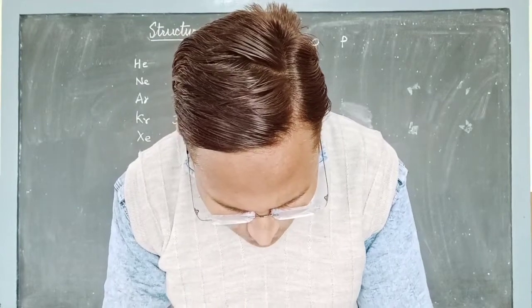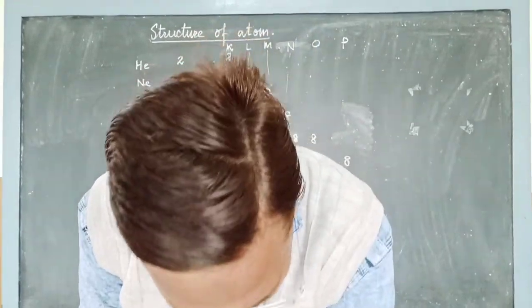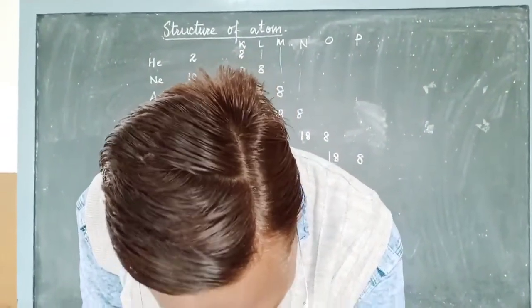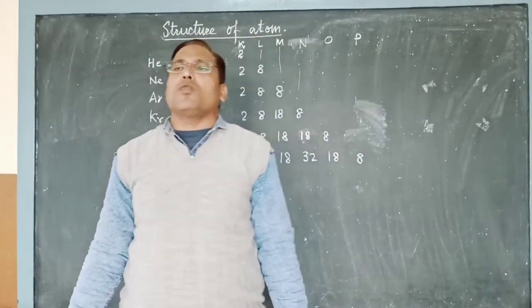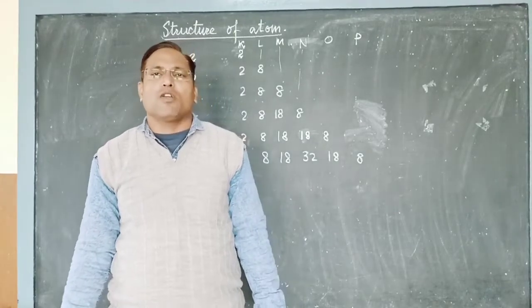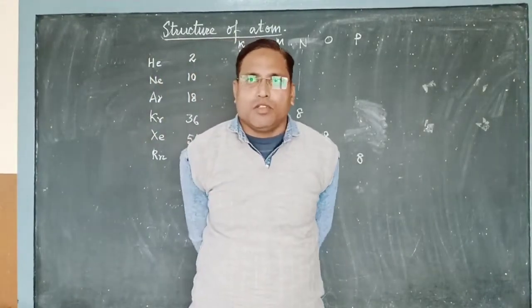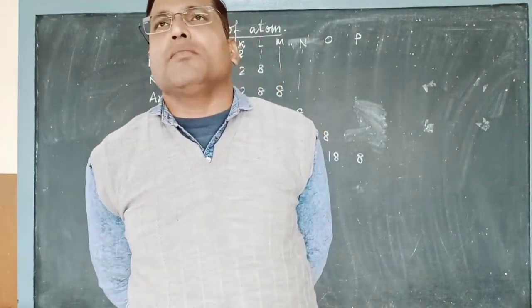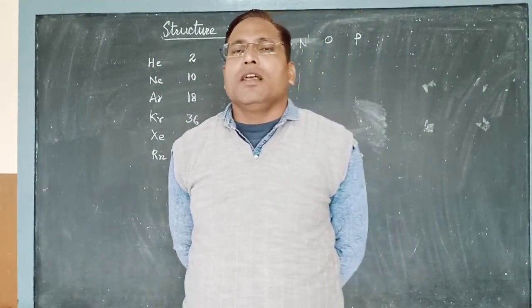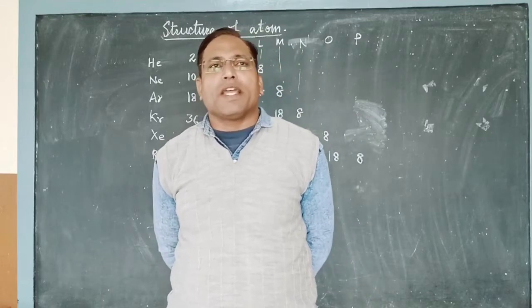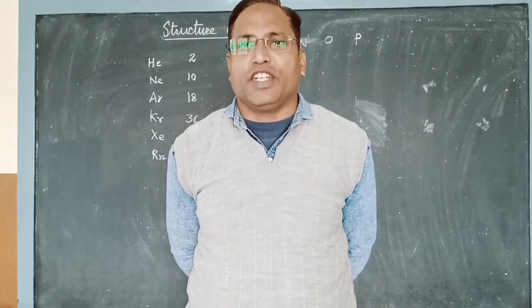Next we have causes of chemical combination. Everything in this world wants to attain stability. They want to become stable. And the atoms of the elements also want to become stable. In order to become stable, they have to obtain the nearest noble gas configuration.